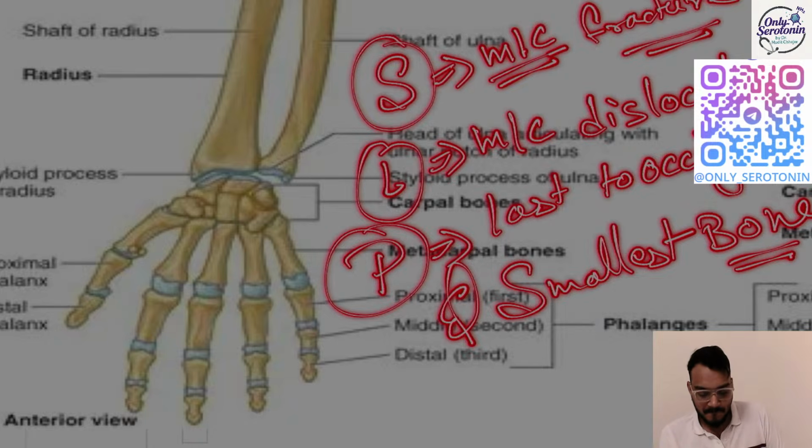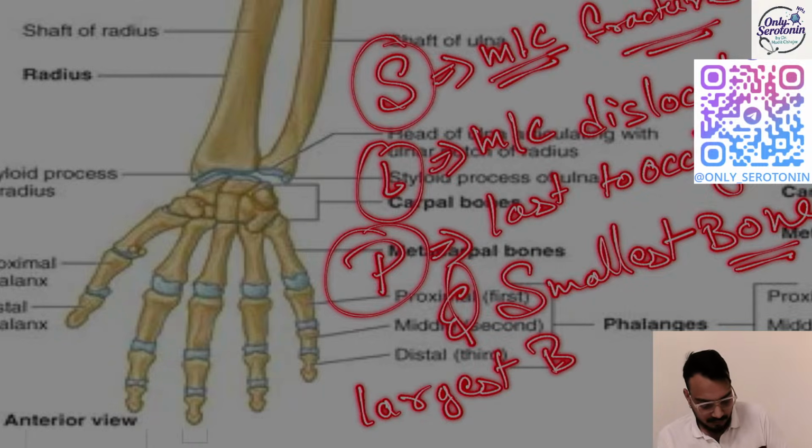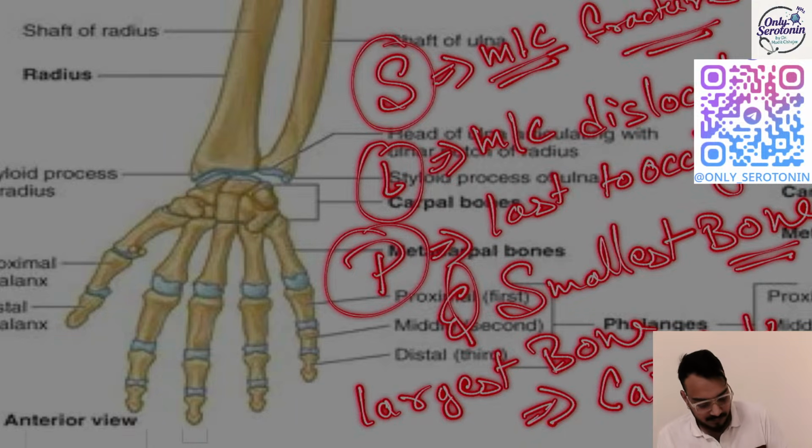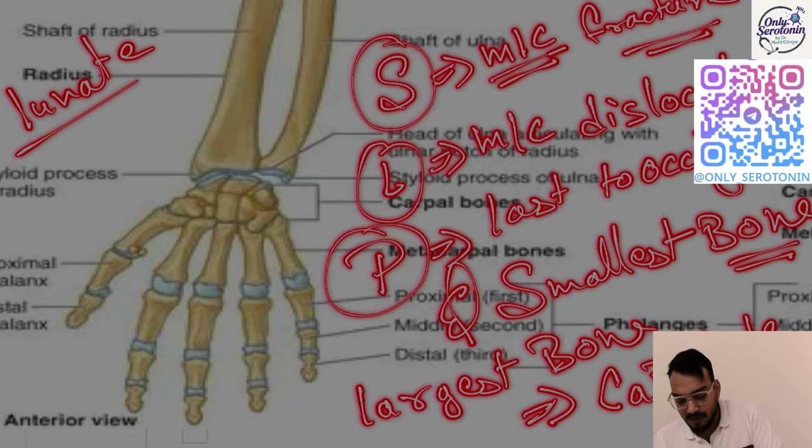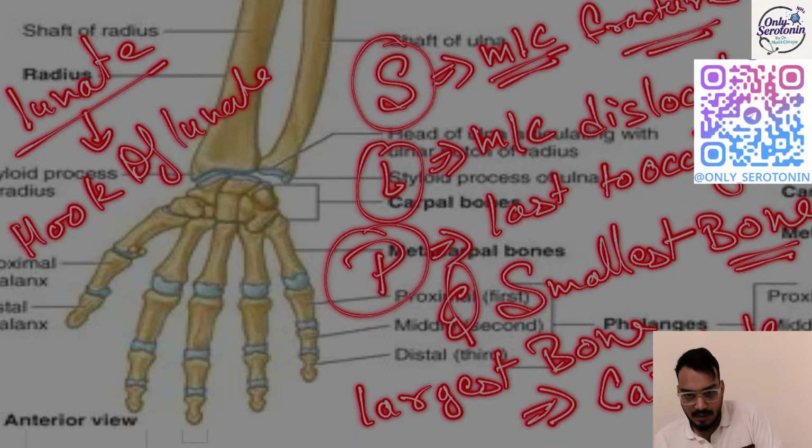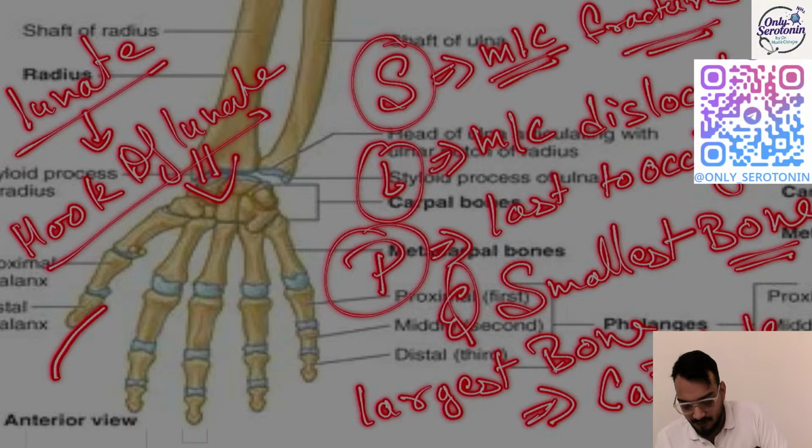Okay, guys. Then we have the largest bone. That is your capitate. And the last bone which we should know here is your hamate. In hamate, we have the hook of hamate, and through this hook of hamate we are going to have one nerve.